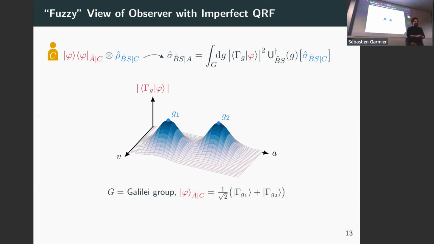So Alice will see her own system A and then B and S, and this is quantum. But then all the devices in her lab that she might use to do a measurement eventually are not part of the quantum world. This is behind the cut. And then Bob has a similar cut.